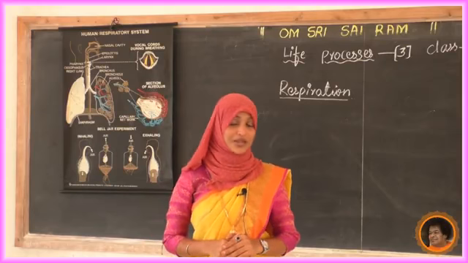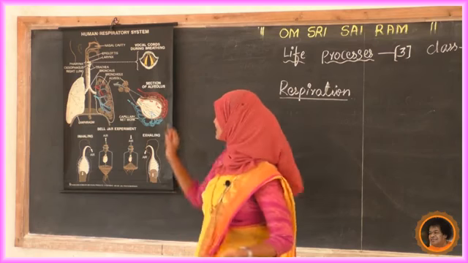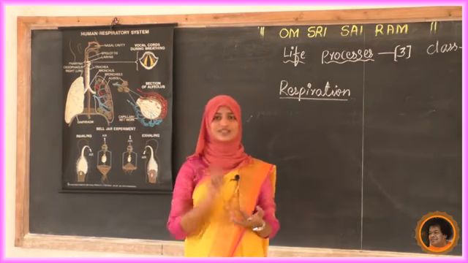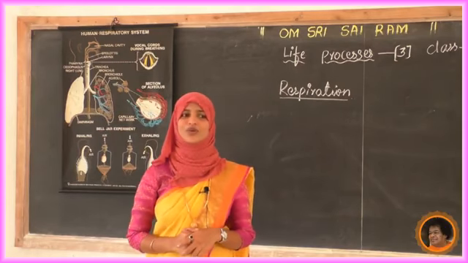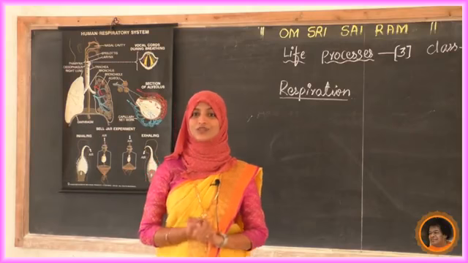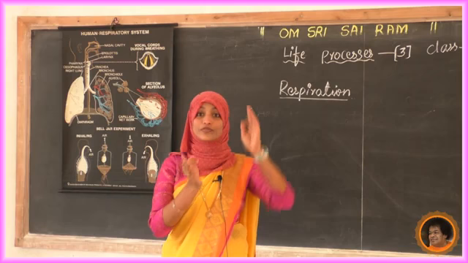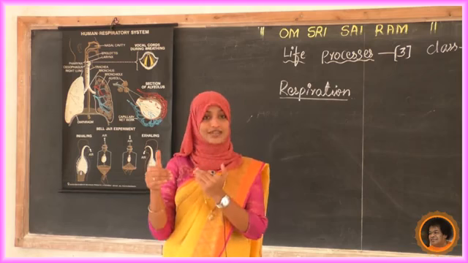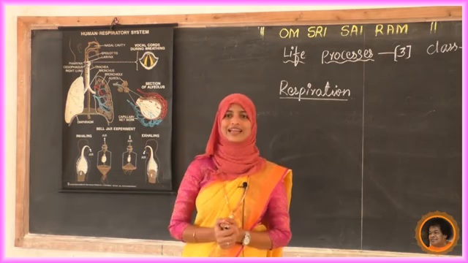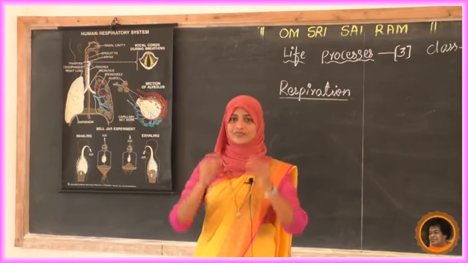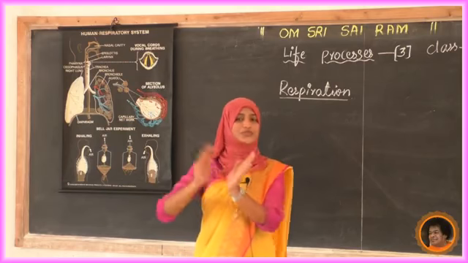Now, how many lungs do we have? Two. Yes, we can see here one and two. Are these two lungs the same in size? No. The right lung is always larger compared to the left.